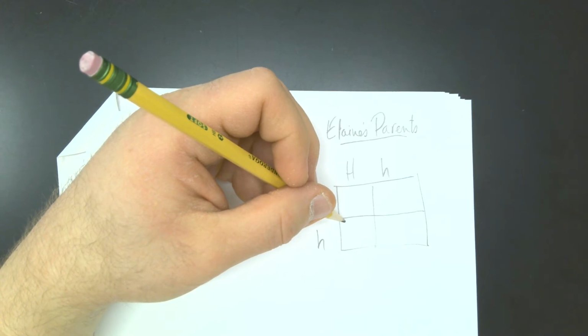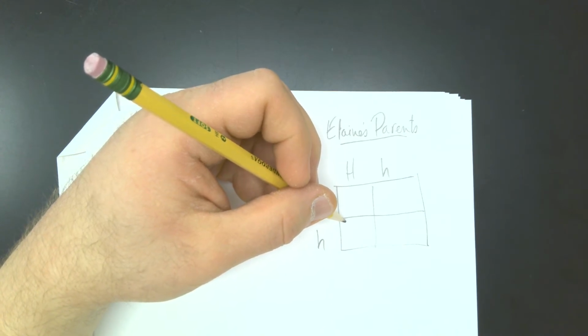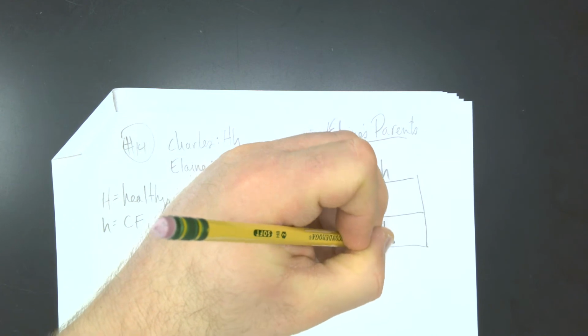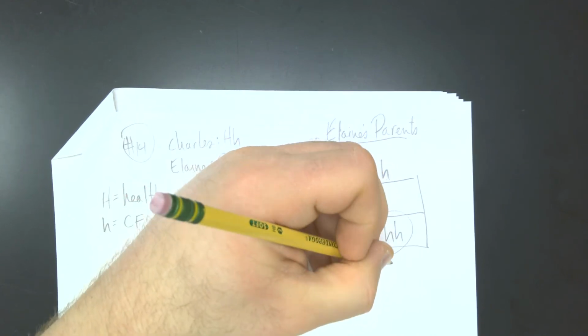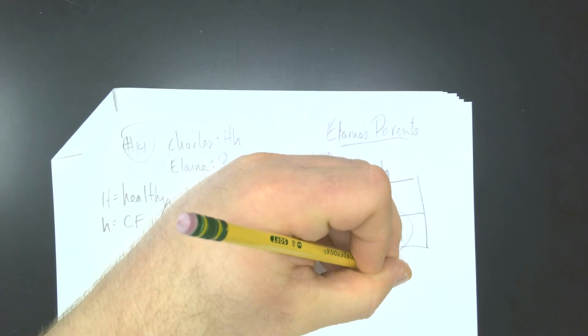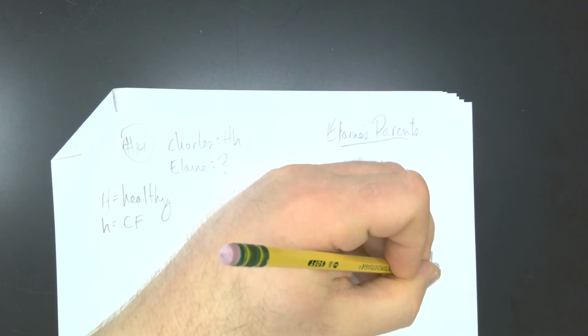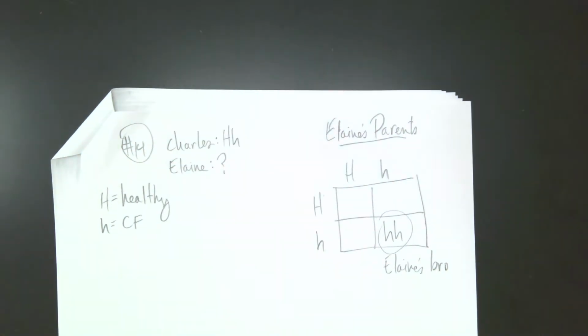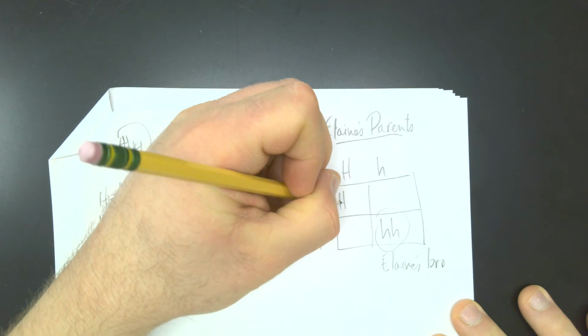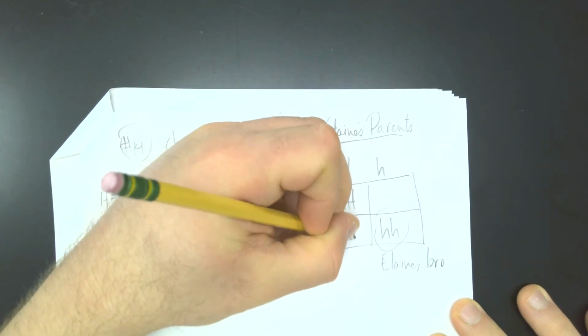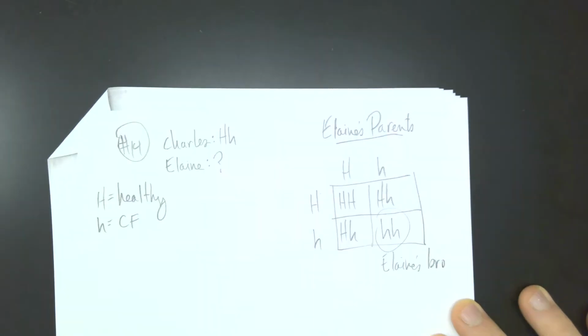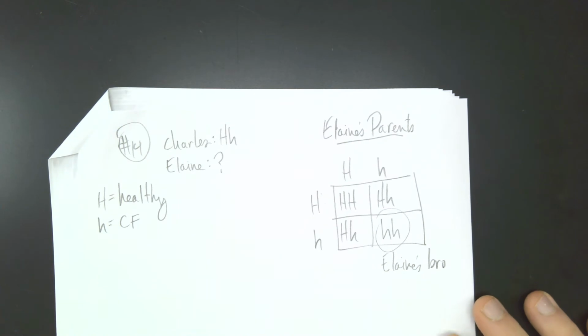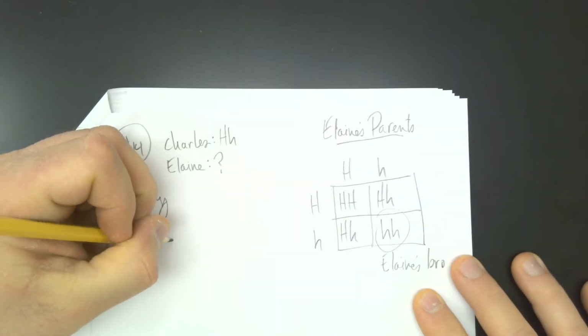What it did say is that Elaine's brother did die of CF. So we know the parents didn't have it, but Elaine's brother did, so the parents must be heterozygous. So this is what we know about Elaine's parents. So again, we can deduce things about Charles and Elaine.